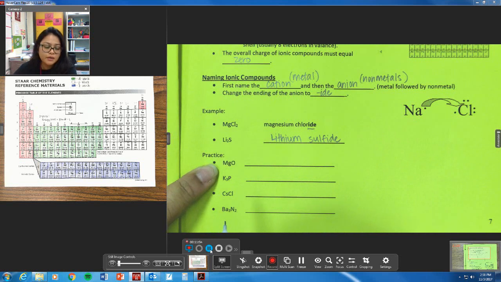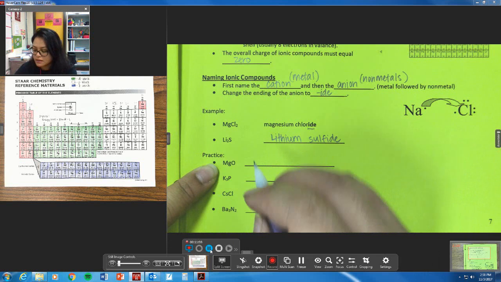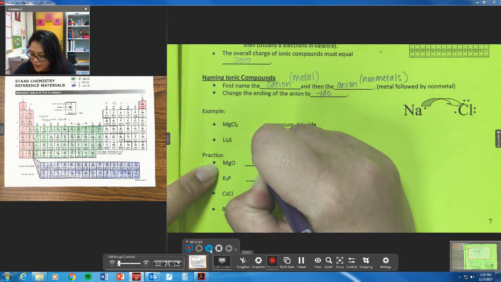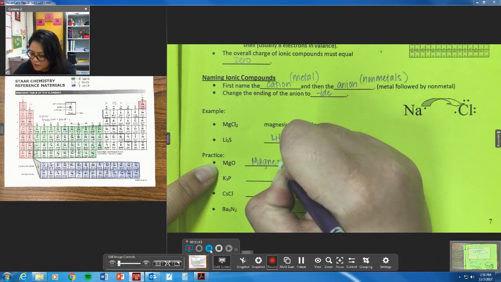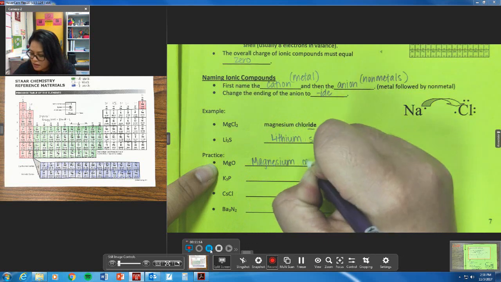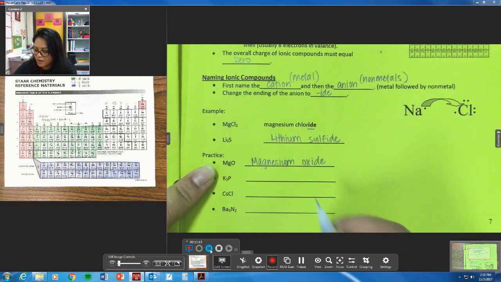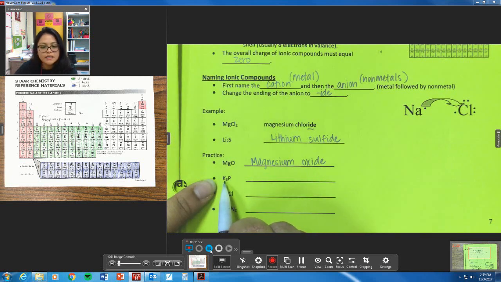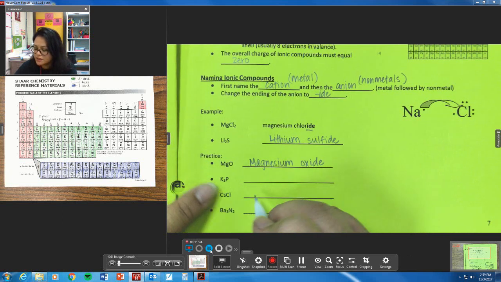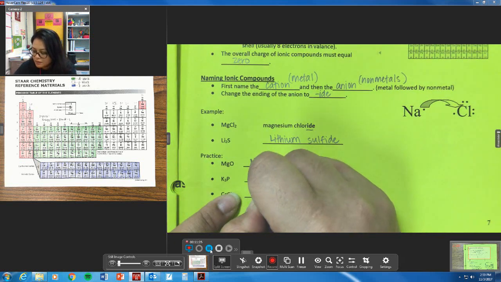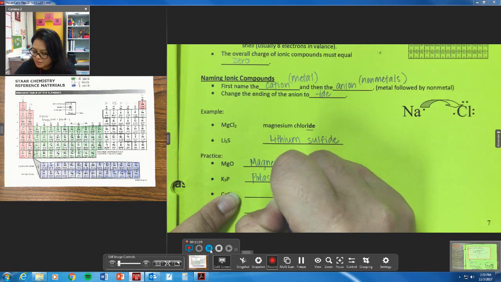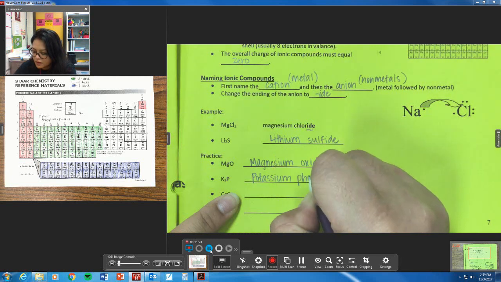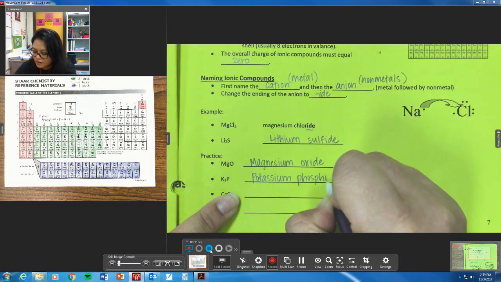Okay, to solve these, we have magnesium and oxygen. The name of our compound would be magnesium oxide. Notice how we changed the ending of oxygen to oxide. The next one, we have potassium and phosphorus, so that would be potassium phosphide.